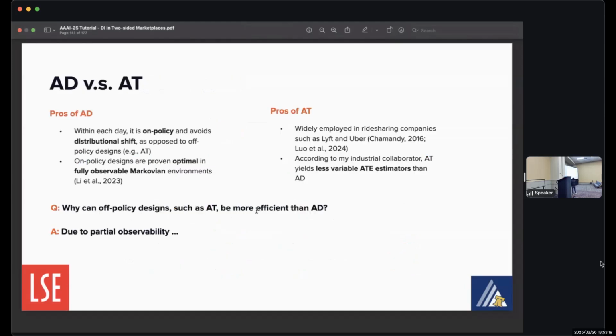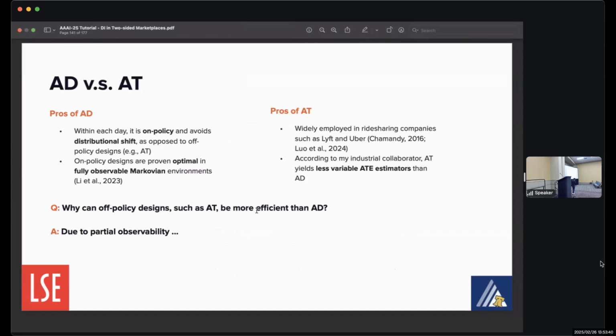But what I do want to highlight here is that the two designs have their own advantages. For the first design, AD, the advantage is that it is an on-policy design, which means that it assigns the same treatment within each day. And this pattern is consistent with the definition of the ATE.